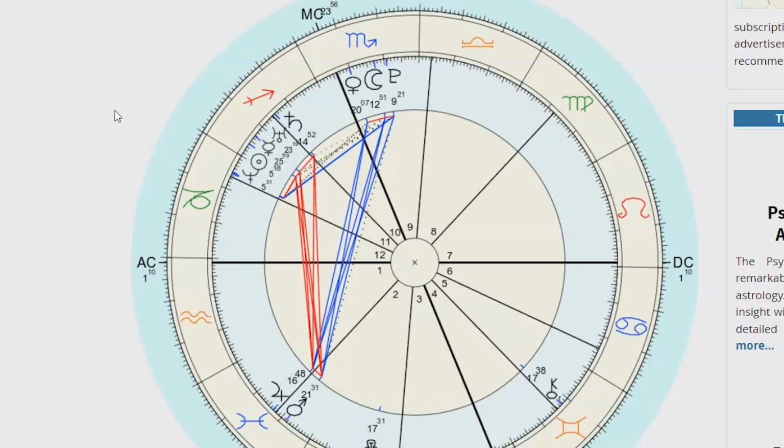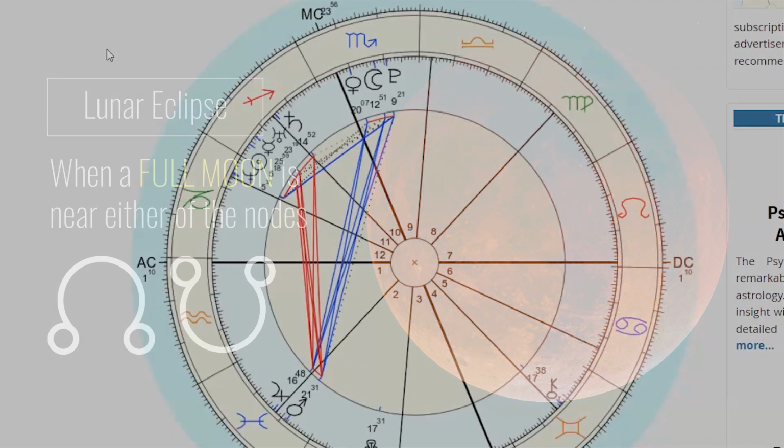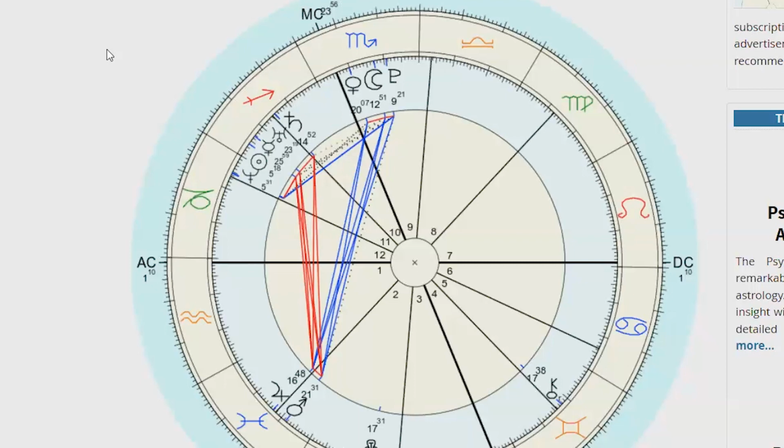And then she's also got transits going on at the same time. Her natal Sun is at the end of Scorpio. So there were eclipses. There was a total lunar eclipse within a couple degrees, I think 3 degrees, of her Sun, as well as a total lunar eclipse on her birthday, or the day before her birthday, 6 months prior to that.